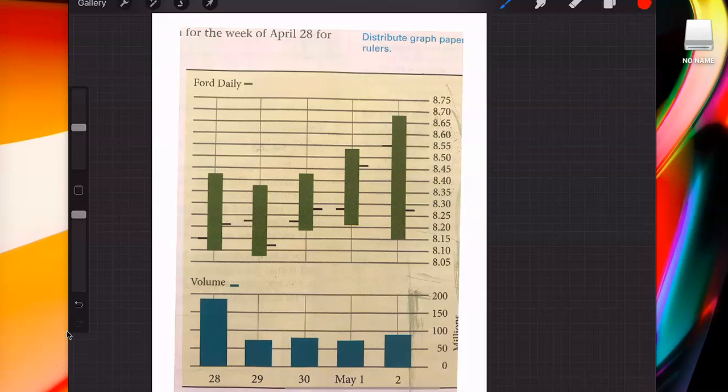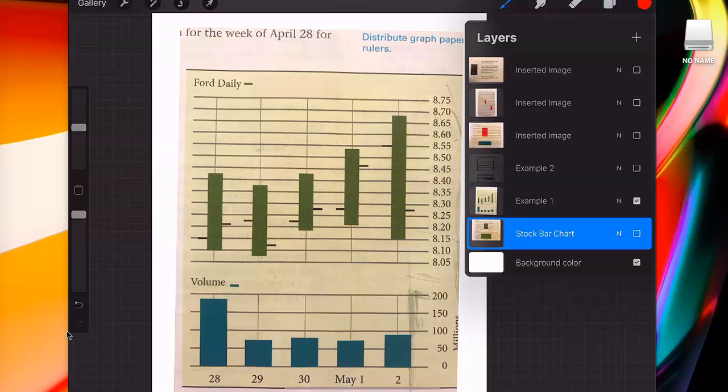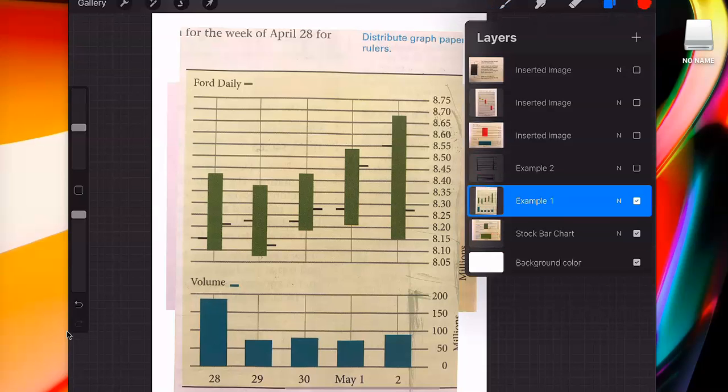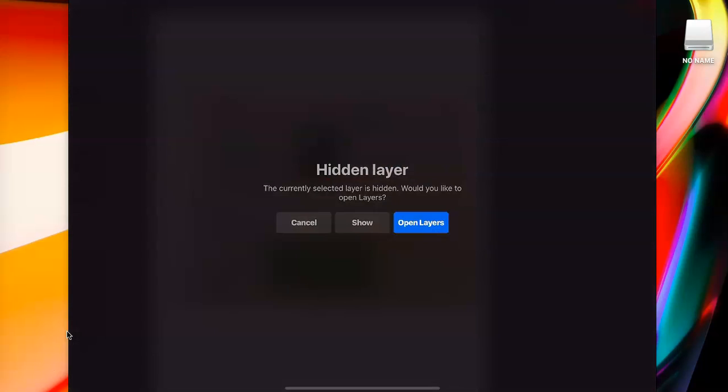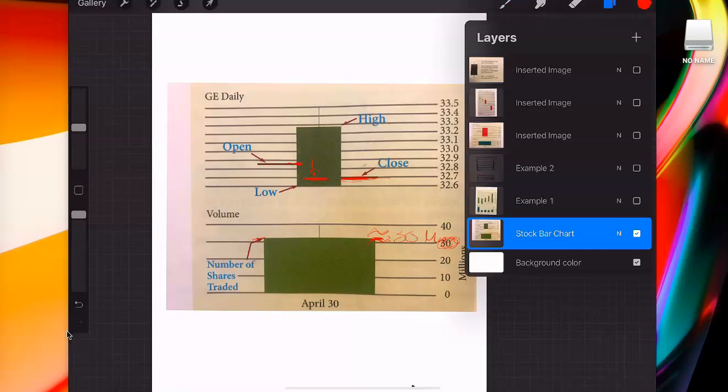So here we have a Ford daily and Ford volume, with daily tradings from the 28th of April through the 2nd of May. The question we're going to ask here is, which day had the highest price? Well, again, looking at the information in our previous chart, the high value and the low value are also depicted as the top and the bottom of our chart.